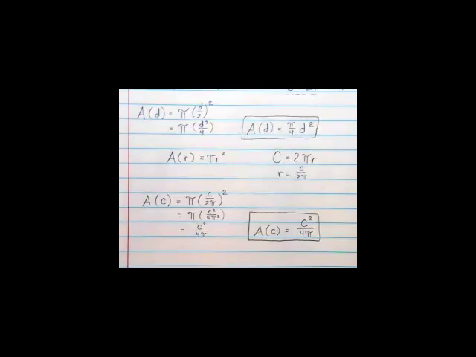The 2 and the pi both get squared, so it's 4 pi squared. But then I noticed that I had this pi out front that would cancel one of those pi's. So it was c squared over 4 pi. And that would be your area of a circle equation in terms of the circumference, so as a function of the circumference.